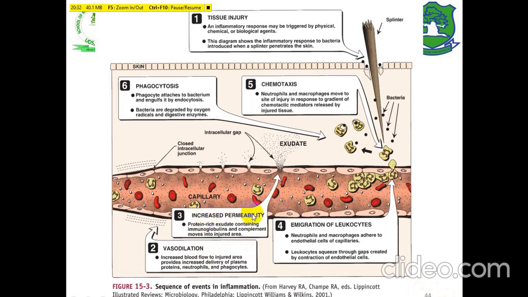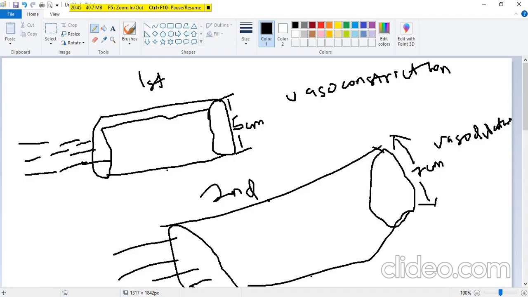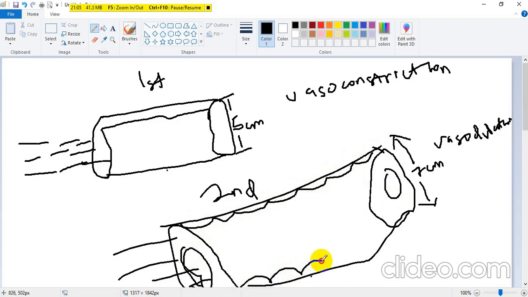What happens is that there is also increased permeability. These are endothelial cells. These are cells that line the blood vessel, the lumen of the blood vessel. Lumen means the hole inside the blood vessel. The cells lining this blood vessel are called endothelium, and most of them are simple squamous cells.